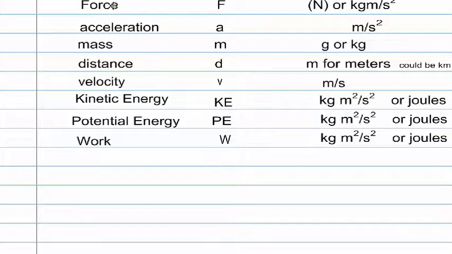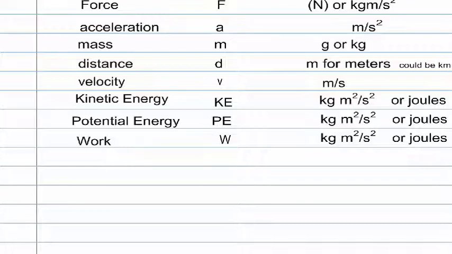Force is defined as the push or pull on an object. And its symbol is F. In other words, in the formulas, let's show you what I mean. In the formulas, we use the symbols such that F is equal to mass times acceleration.